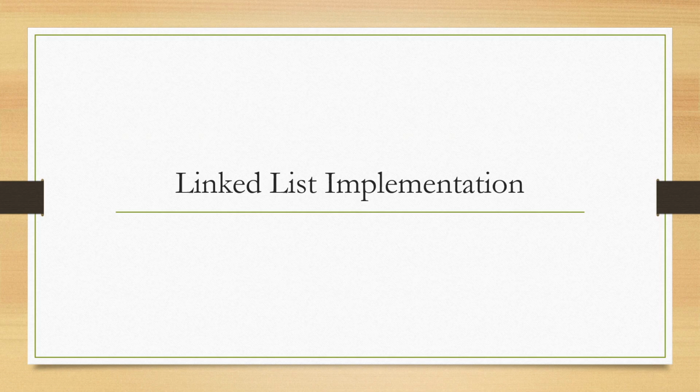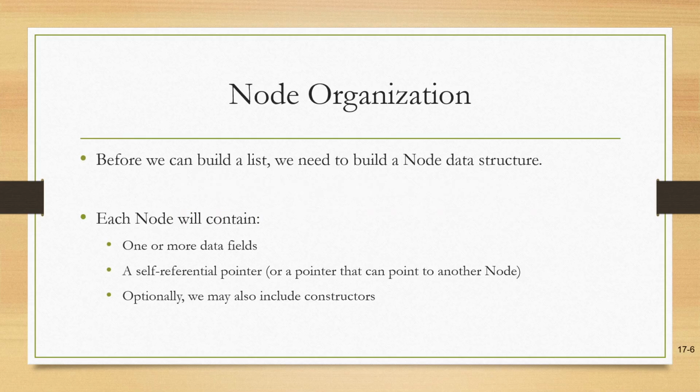Now, linked list implementations: we're going to be explaining how to build a node and a linked list. So let's start off. What do we need to build this node?